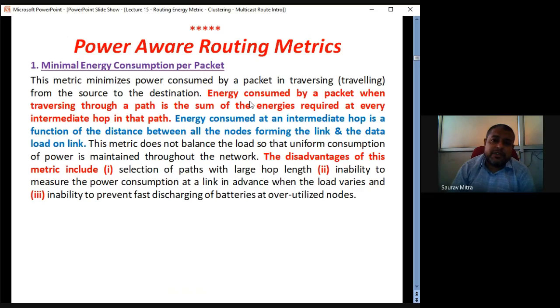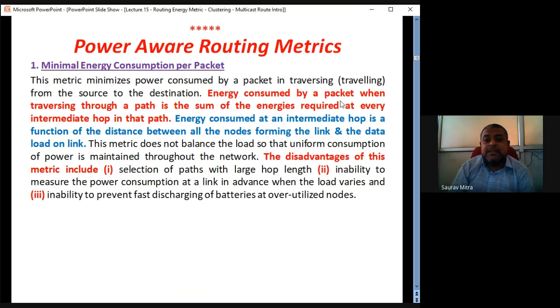For reception of the packet the node has to spend some energy, and for transmission of the same packet from one node to the other, some transmission energy has to be given. So any data packet from the sender to the receiver should cost the least amount of energy to the network.